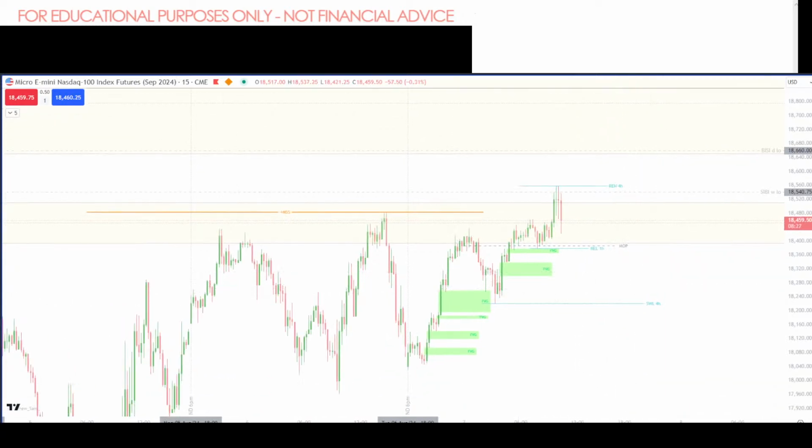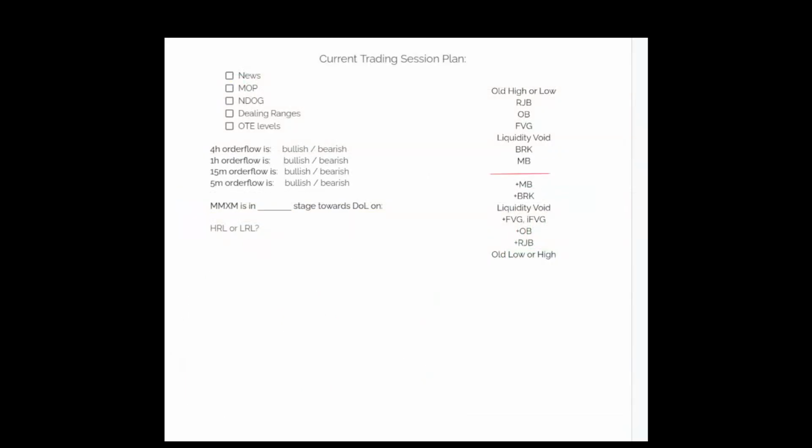Okay, let's see, what else do we have? We're looking for the new day opening gap. That would be, let's just say on 1 minute, is there a new day opening gap at 6 p.m. yesterday?